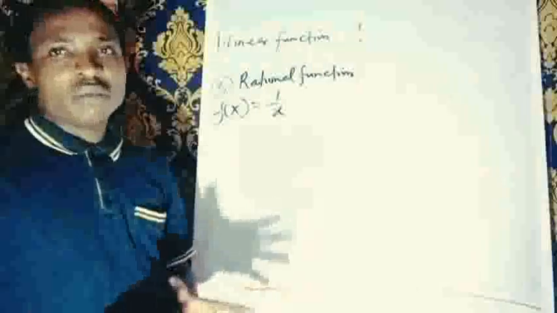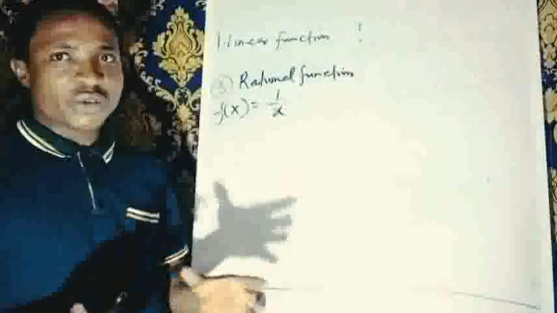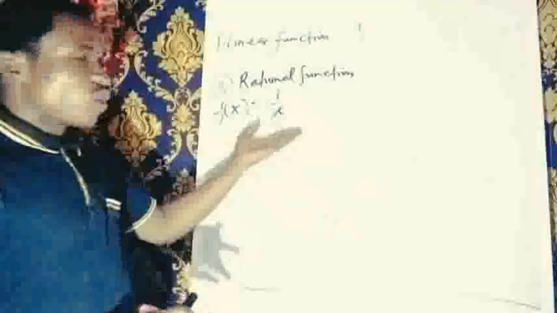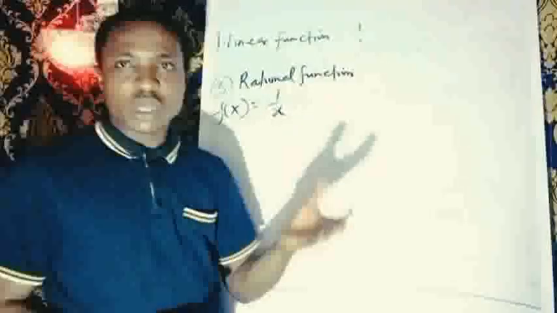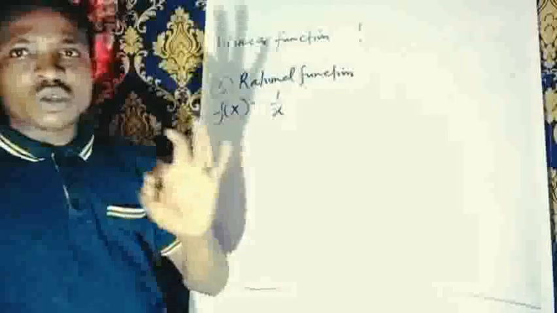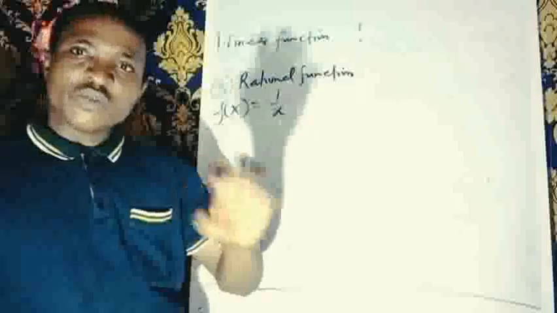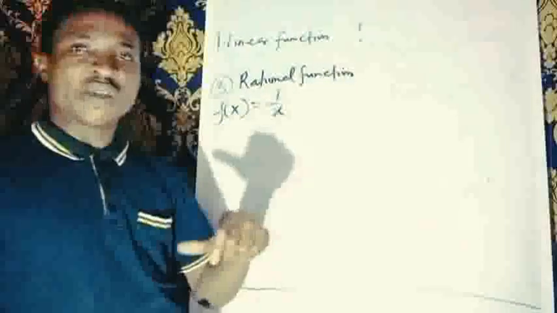So that is already a guide for us: to find the domain of a rational function, a function that comes in fractional form, set the denominator equal to 0, and solve for the value of x that will make this function undefined.